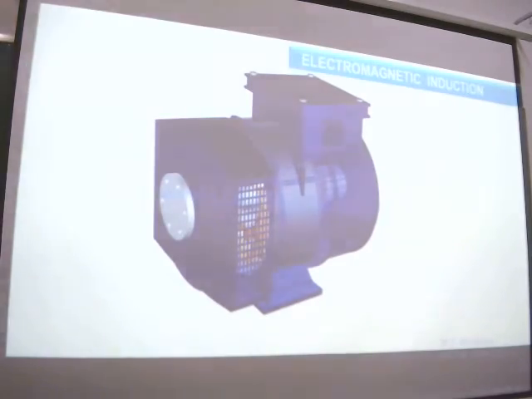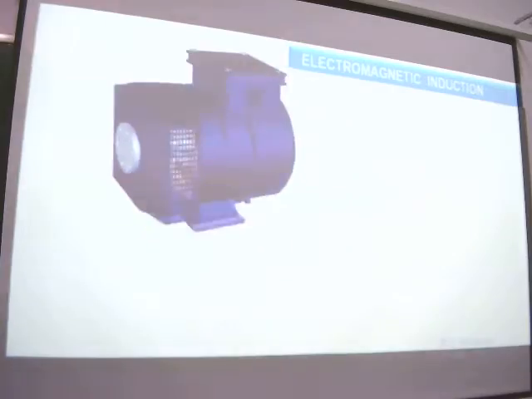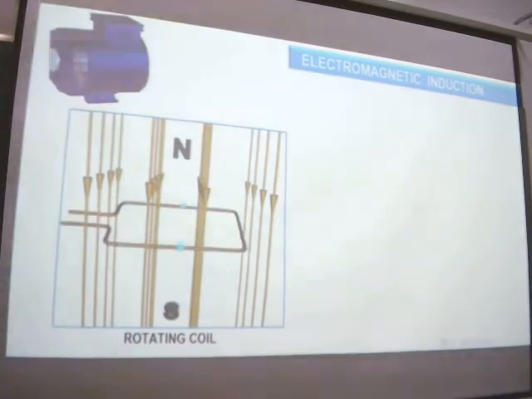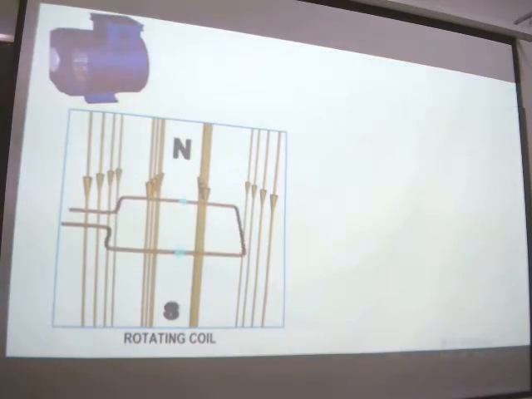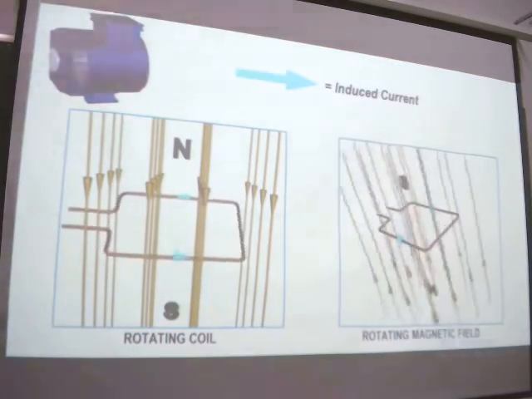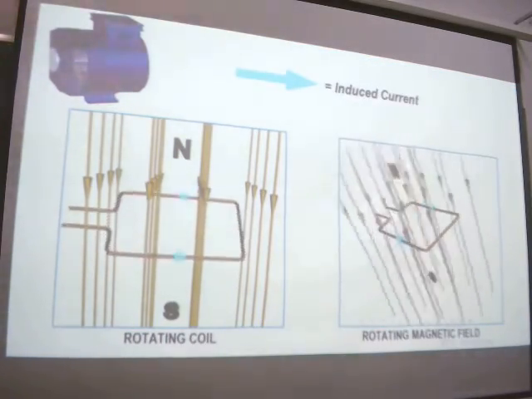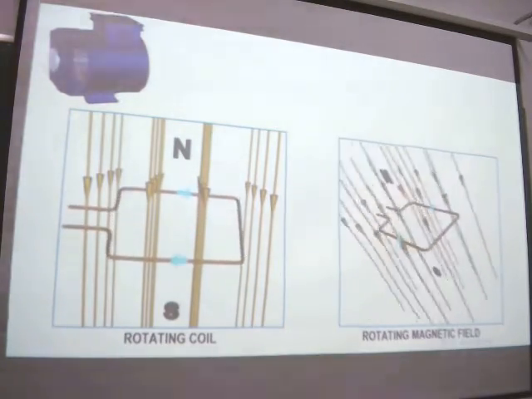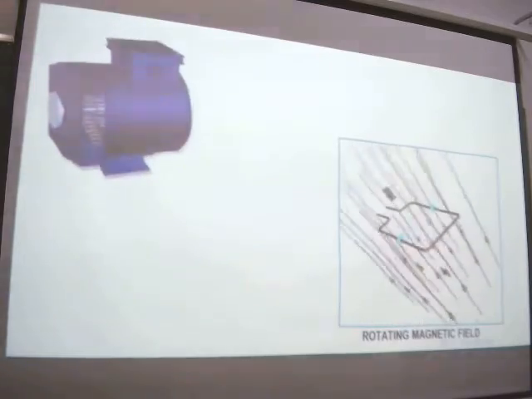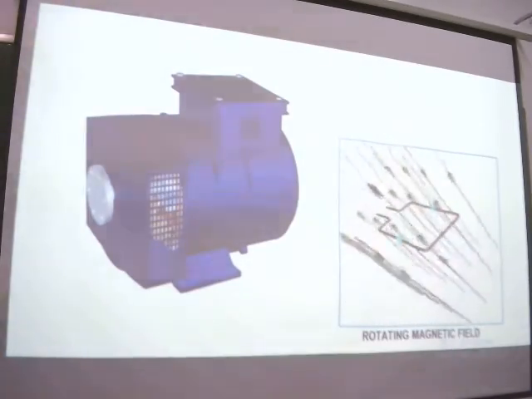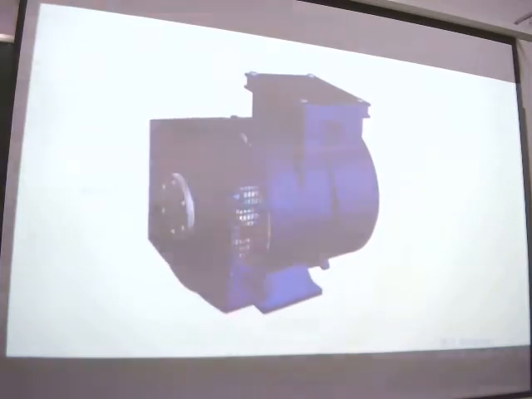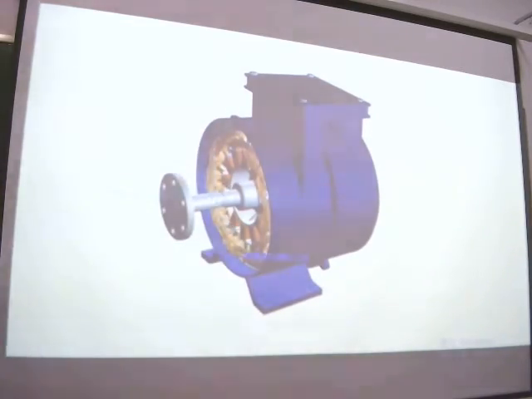Electromagnetic induction: to generate electricity in a coil, either the coil should rotate with respect to the magnetic field, or the magnetic field should rotate with respect to the coil. In the case of an alternator, the latter approach is used. Rotor and armature coils are the two main parts of an alternator.